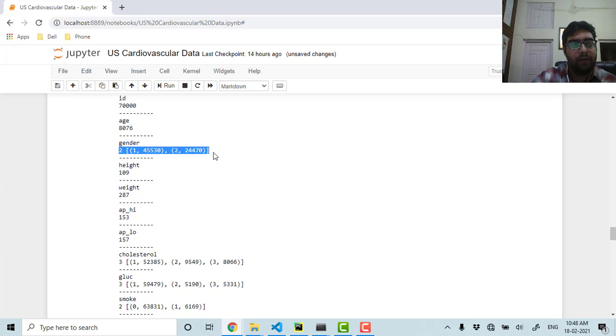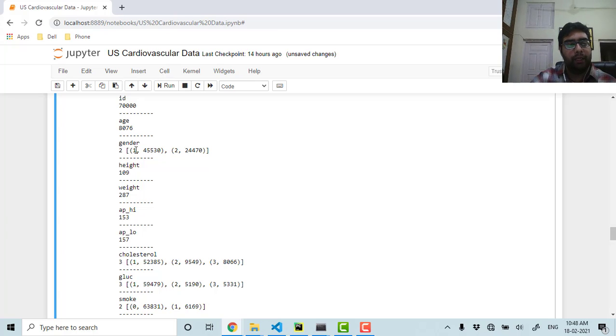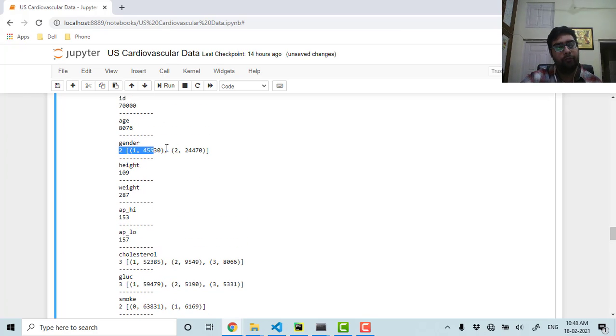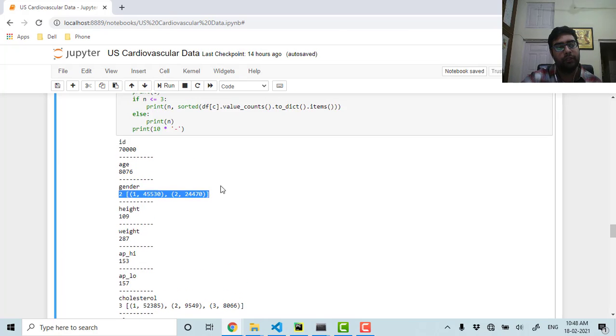As we can see in our gender, gender with one category are around 45,000 and gender with two category are around 24,000. As we saw earlier that one gender was double of the other, so this is the relevant information which we can gather out of this.